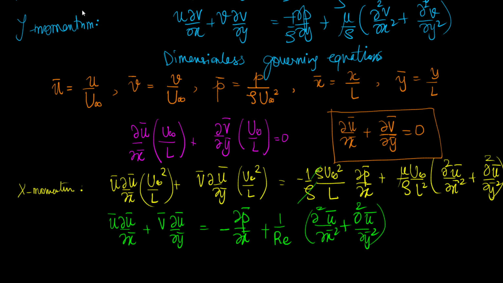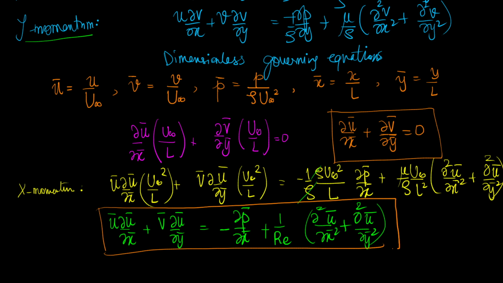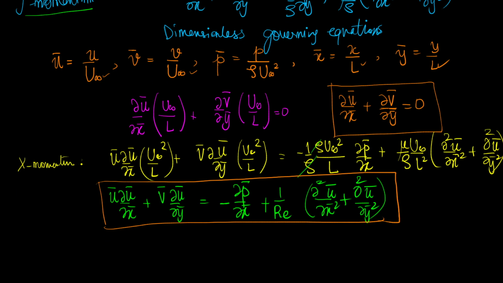Now similarly, we can render the y momentum equation dimensionless as well. And in the same analogy as this particular equation, because all the scales in the x and y directions are equal, it's L, it's u infinity, L. So apart from the terms, nothing is going to change about the non-dimensional nature of this equation.